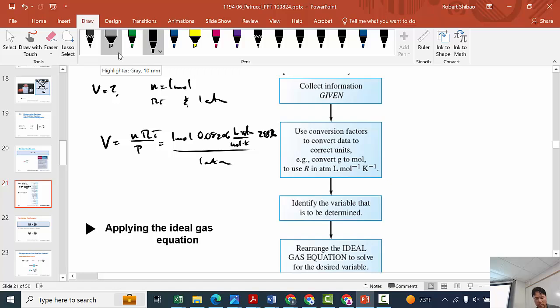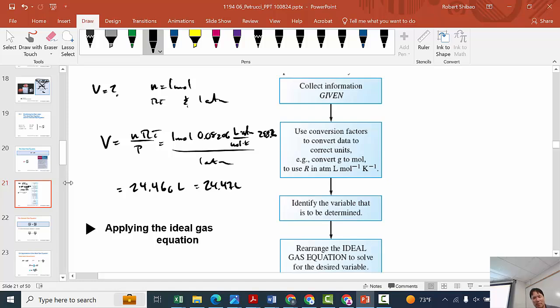That's 0.08206 times 298.15. Actually, it comes out a little higher. 24.466 liters is 24.47 liters. So I'll have to rememorize this.